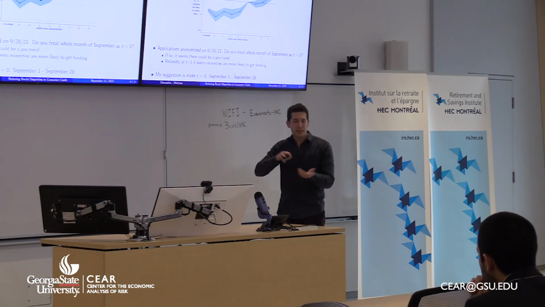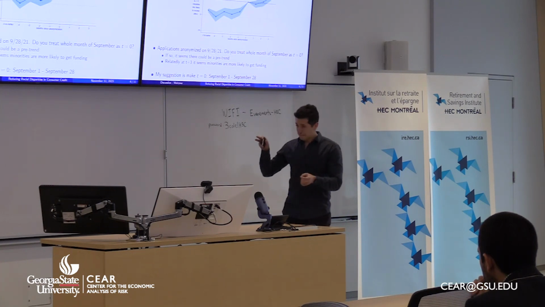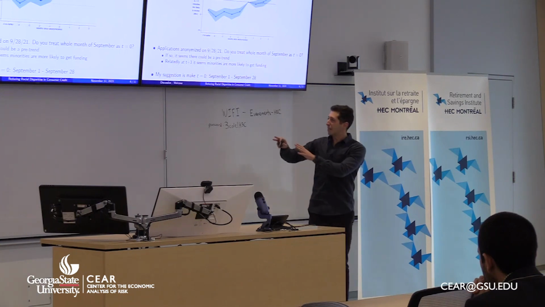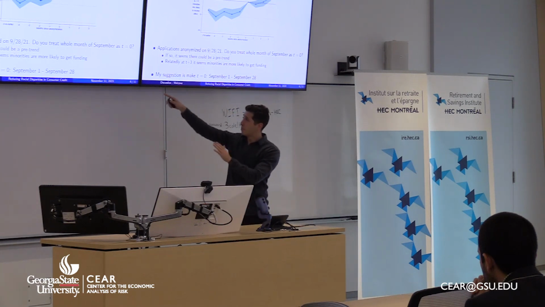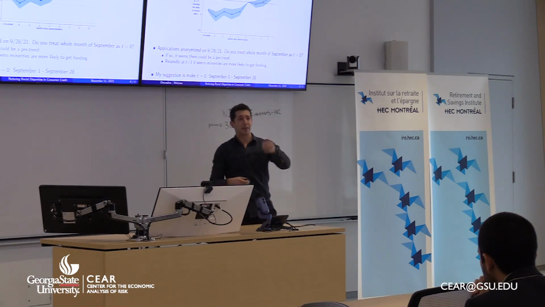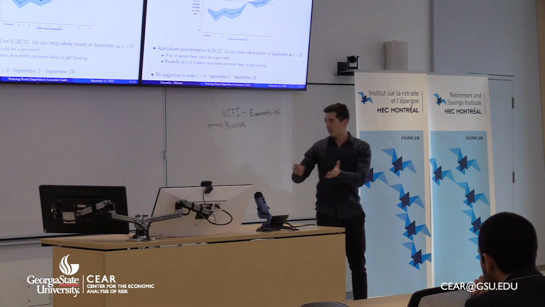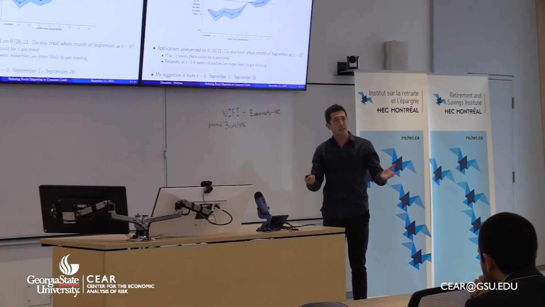A second quibble is with these parallel trends assumptions. It wasn't completely clear to me exactly what T0, date 0, was in this setting, because I think they say that this is the month of anonymization, but that's occurring at the very end of September. So I'm not sure if the entire month is treated as the period of anonymization.